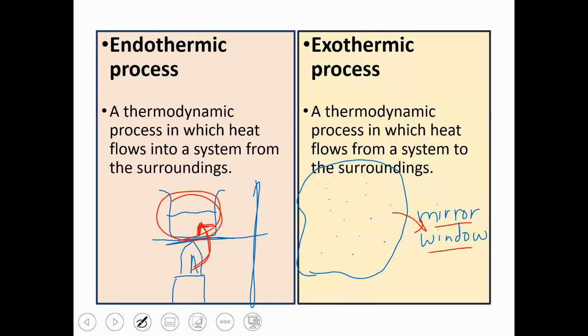And in this case, heat flowed from the system to the surroundings, with the mirror and the window being the surroundings. So these are opposite processes.